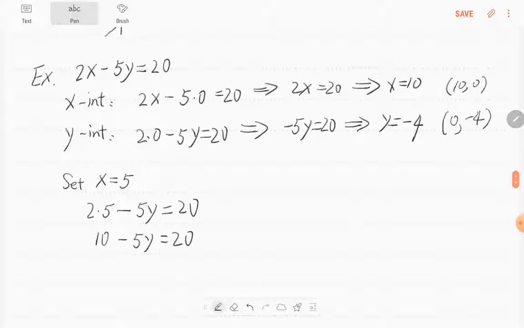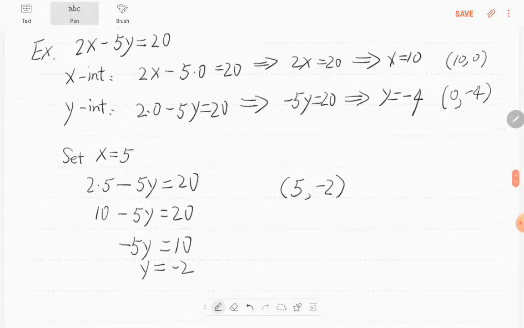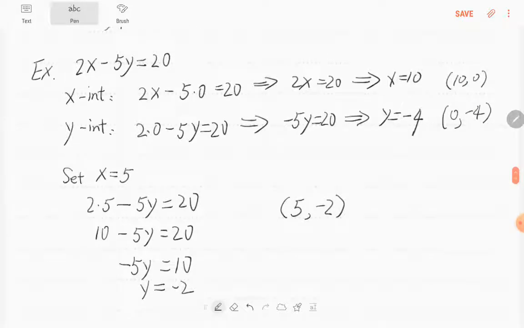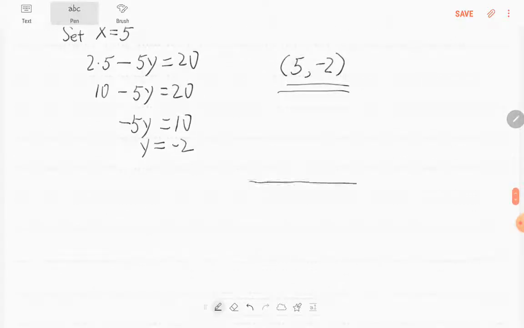We subtract 10 on both sides, so you have negative 5y equals 10. So y equals negative 2. In other words, this point should also be on the line, which is (5, negative 2). So we can pick arbitrary 2 points. Actually, we found 3 points on the line, so we just pick any 2. For example, we pick (0, negative 4) and (5, negative 2) to draw the graph.